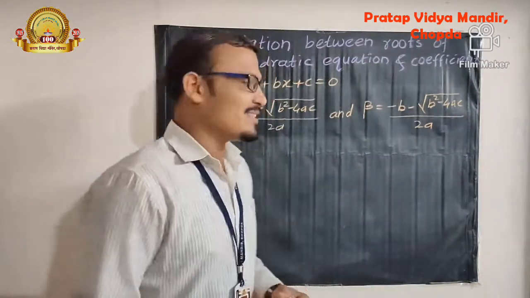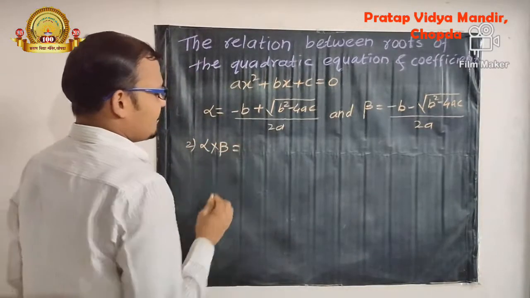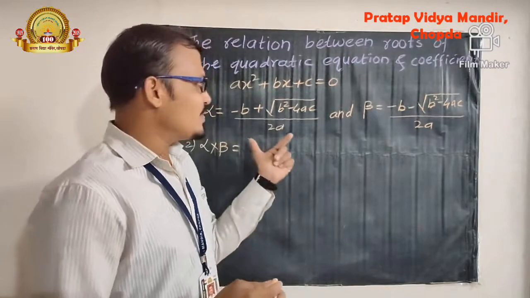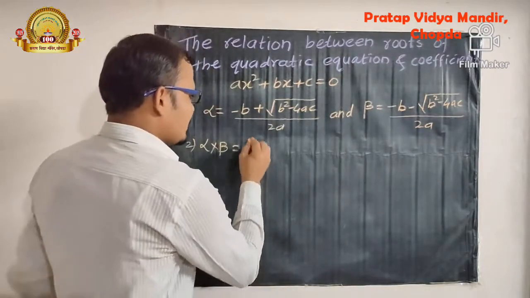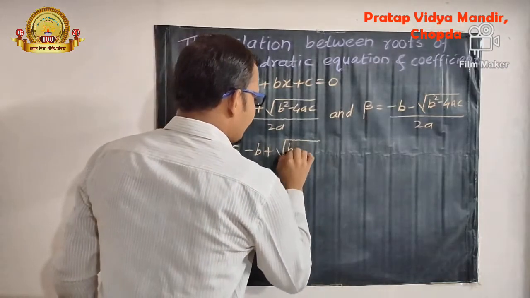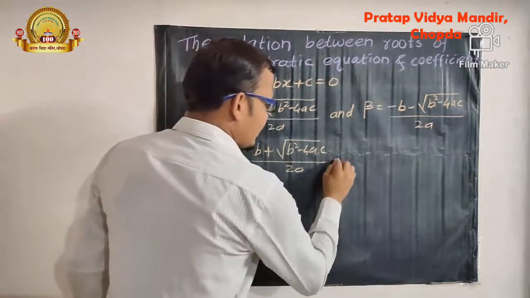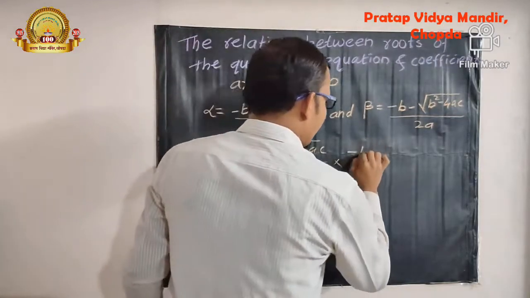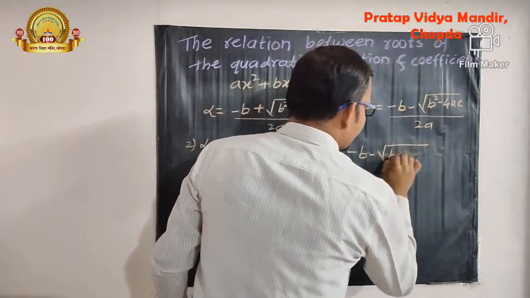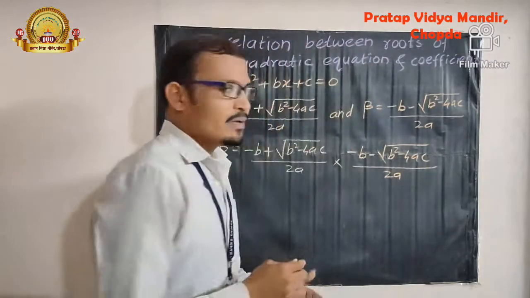And our second relation is alpha into beta. Here we have to multiply these two roots alpha and beta. So let us multiply. Value of alpha is minus b plus under root b square minus 4ac upon twice a, into value of beta, which is minus b minus under root b square minus 4ac upon twice a.